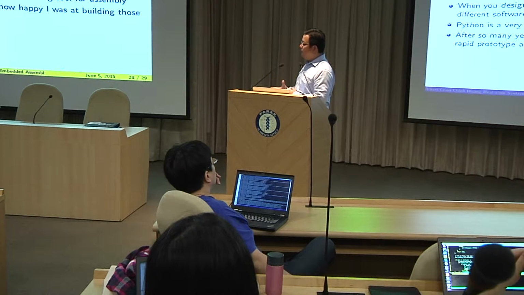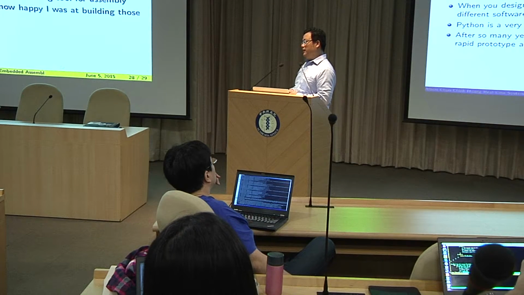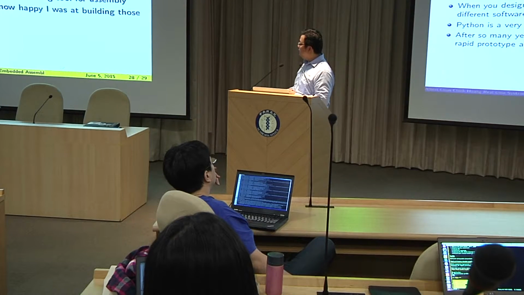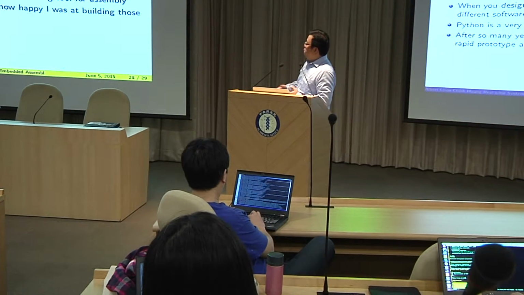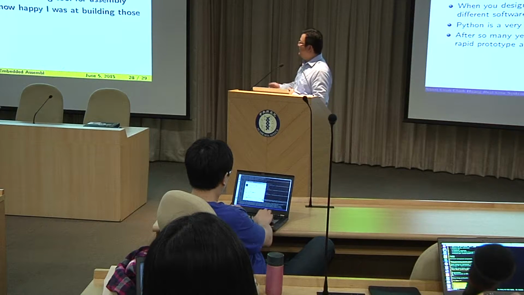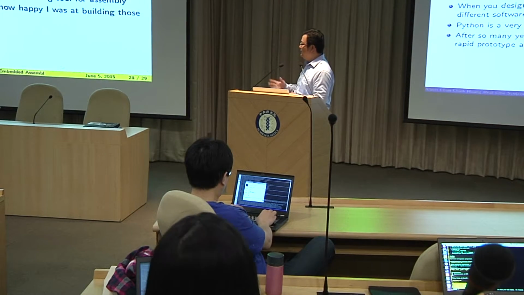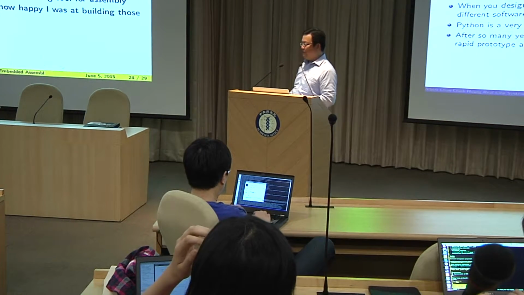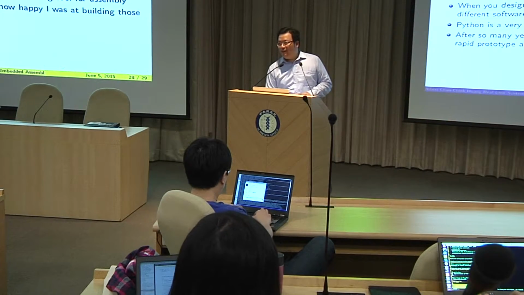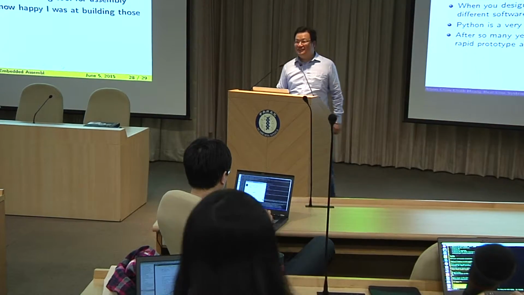Because if you do that in assembly, it will cost you a lot of time to debug. So Python is a very good rapid prototyping tool for assembly. After so many years, I can still feel how happy I was building those rapid prototyping assemblies. And wow.